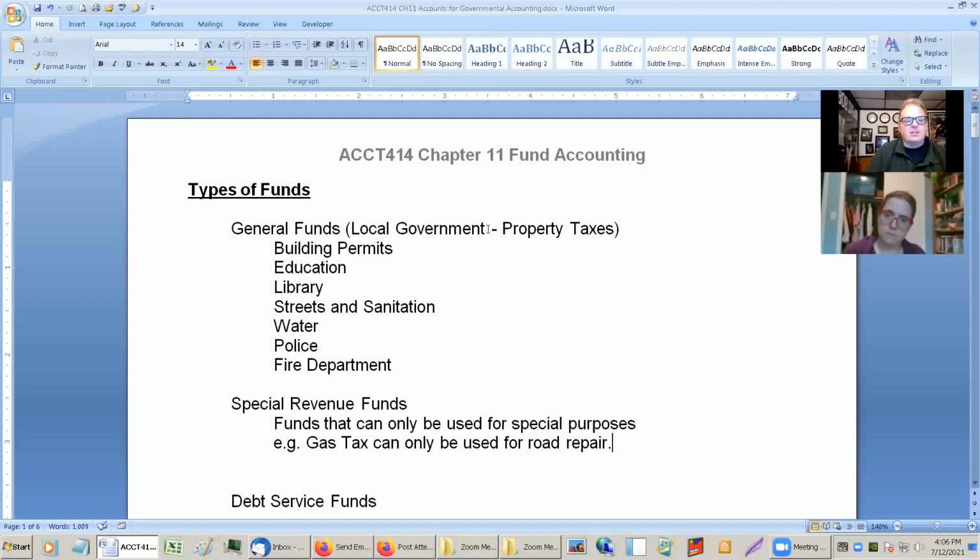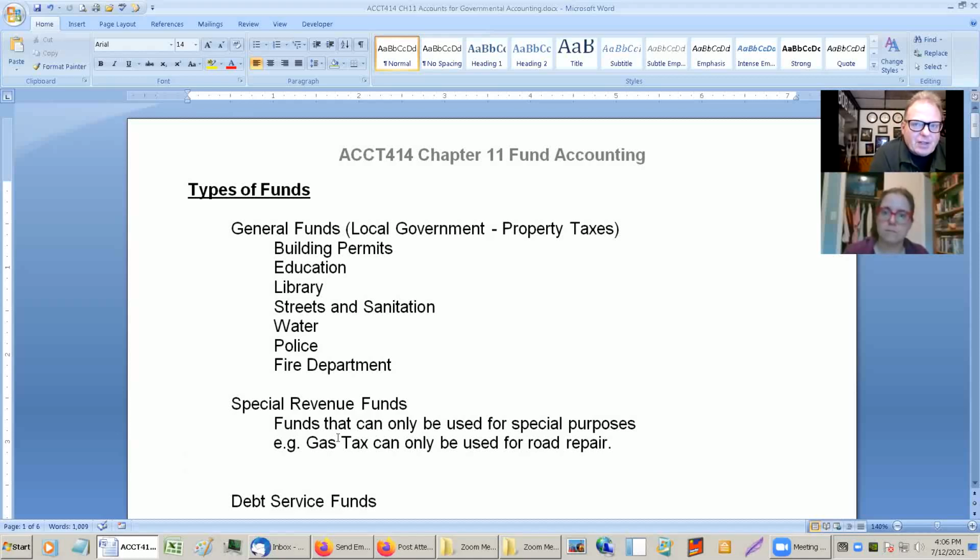So for instance, if you get $10,000 from the gas tax for working on roads, and you spend 9,000 of it, 9,000 is all you've earned. The other 1,000 goes back. So that's why people say, well, you've got to spend it or else you're going to lose it. They find something to spend it on.